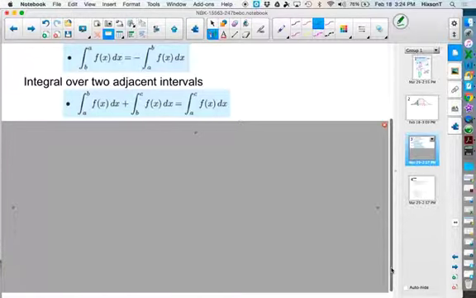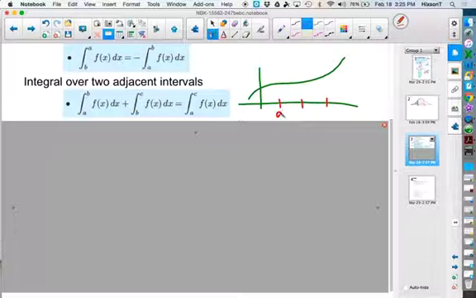And that is if you have two adjacent intervals. If I have this function here, and I have A, B, and C. If I take the area from A to B, this area here, and then I take the area from B to C, that area here, it's the same thing as taking it from A to C. Exactly, and that's what this is saying.